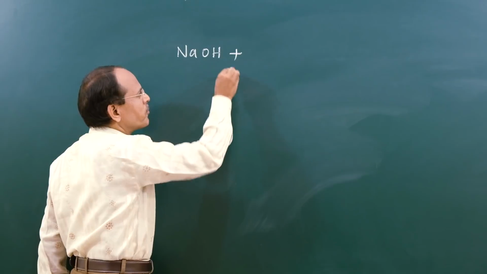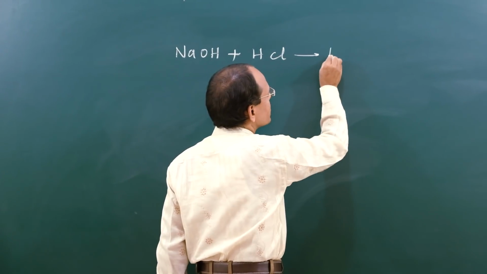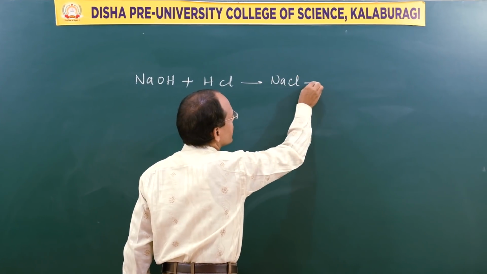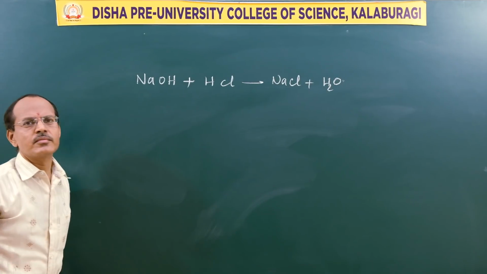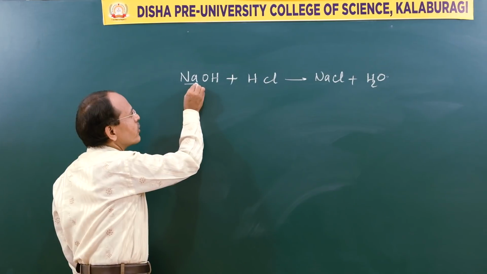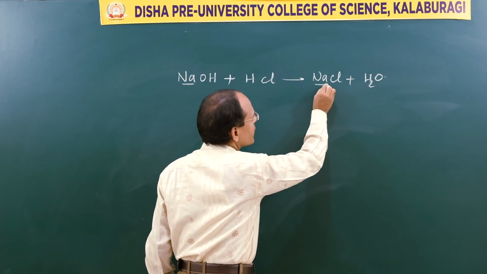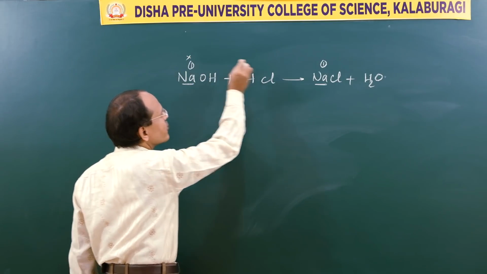NaOH plus HCl give rise to NaCl plus H2O. Now look at this reaction. Here sodium is 1, here also sodium is 1. Sodium is balanced.